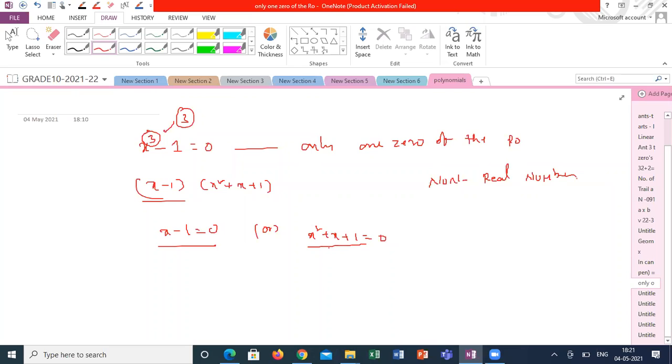That's the reason I can modify the statement like this. If the degree of a polynomial is n, the maximum number of zeros of the polynomial is n. It might be 0, or 1, or 2, or 3, or 4, or n.